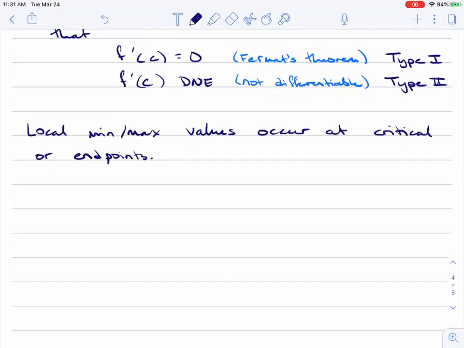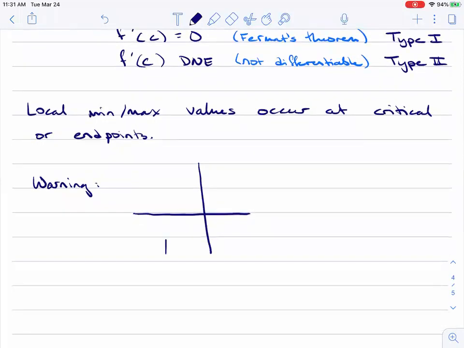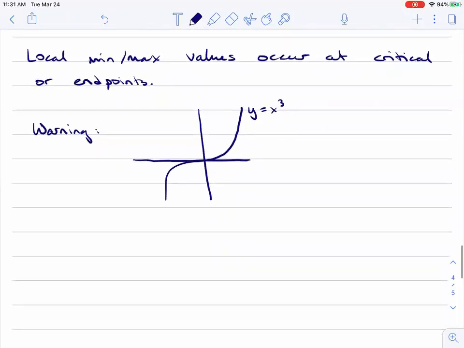There are situations, if I just put a little warning here, if we've got something like y equals x to the 3, you've got something that looks like this. And we find dy dx, the derivative of y with respect to x, I get 3x squared.